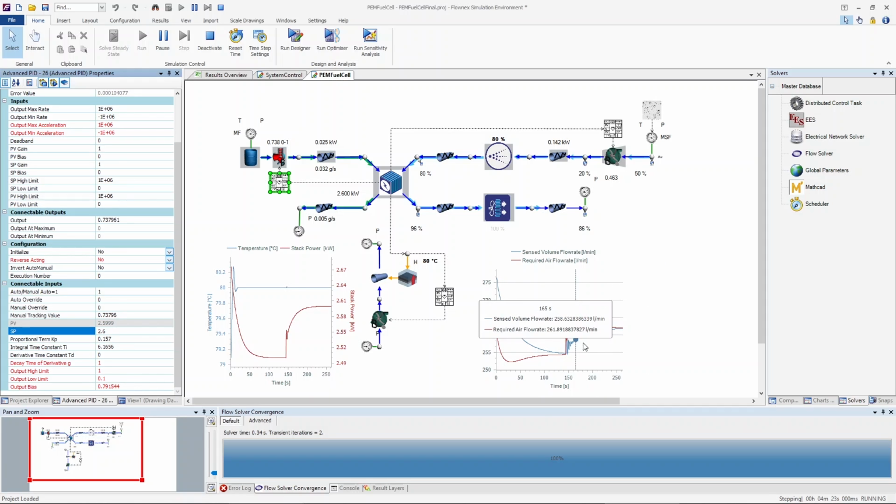Here on the right hand side we can see how the required and the sensed flow have become the same value, and we have reached the 2.6 kilowatts that was desired.